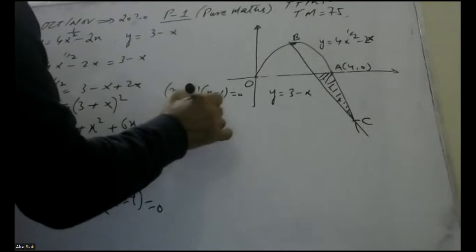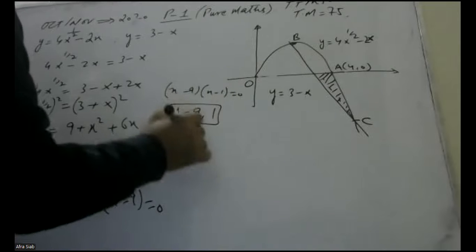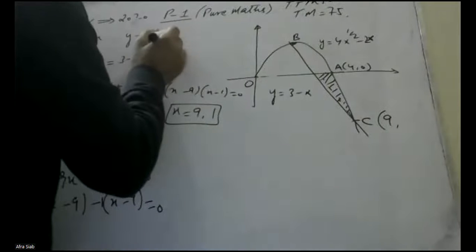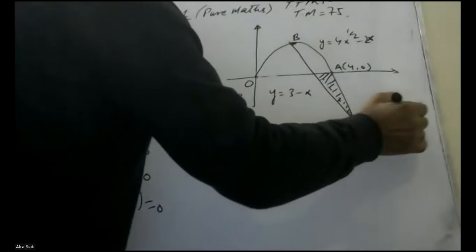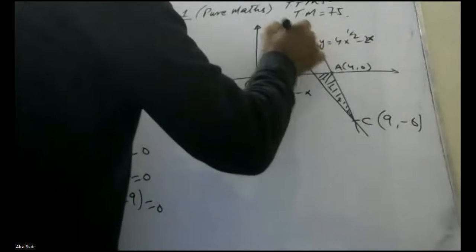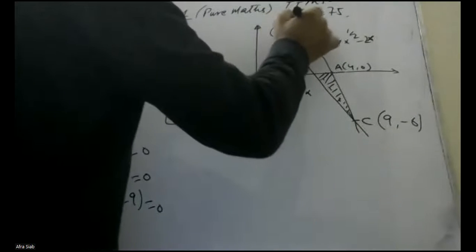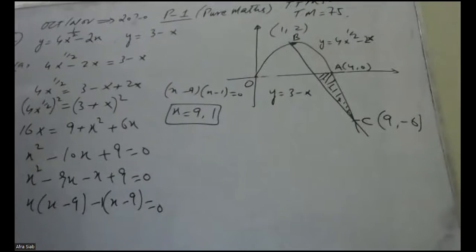So x is equal to 9 and 1. So C has the coordinates (9, minus 6), and D has the coordinates (1, 2) there. So these are the x coordinates of B and C there.